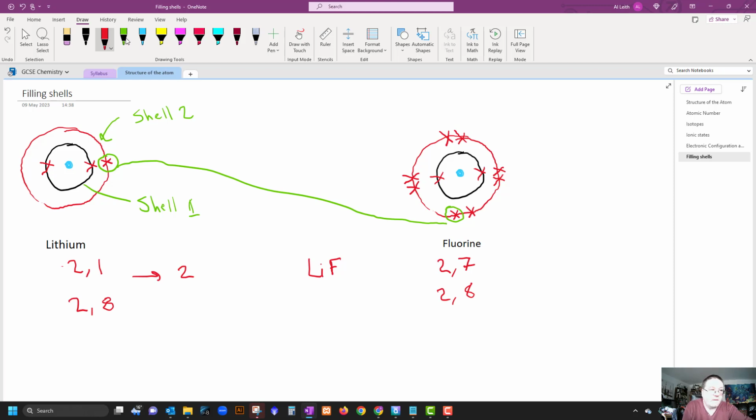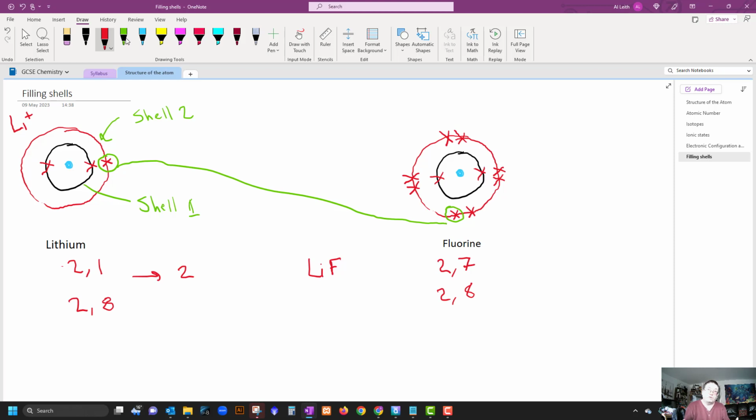Now, what that means is if the lithium loses its electron over there, that means that lithium becomes a plus. Because in a normal atom, the number of electrons and the number of protons balance out, so there's no overall charge.